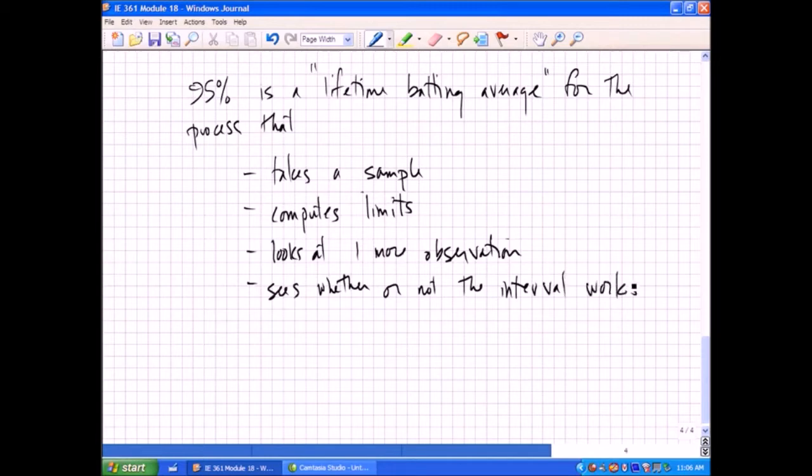And I either win or lose on that series of steps, and the 95% says that 95% of the time that I would go through that whole series of steps, I would have an interval that in fact works in the sense that it captures the new outcome, the new observation.